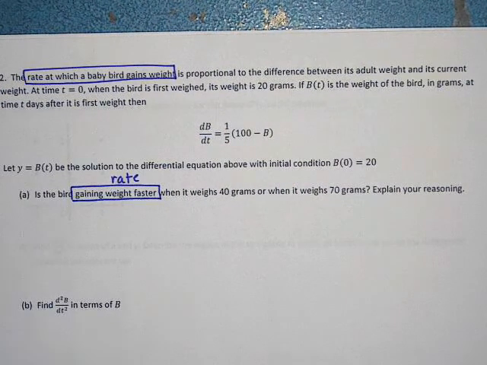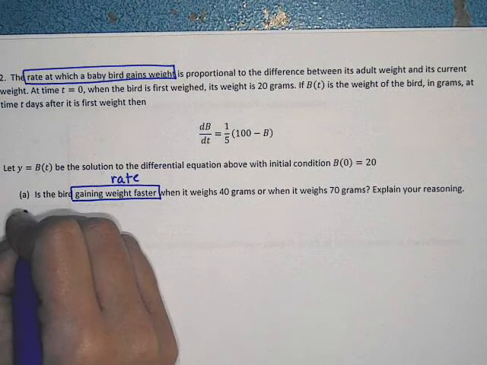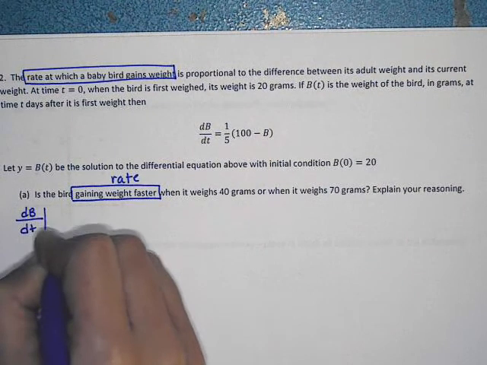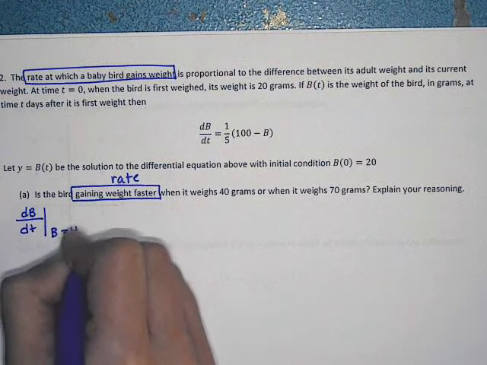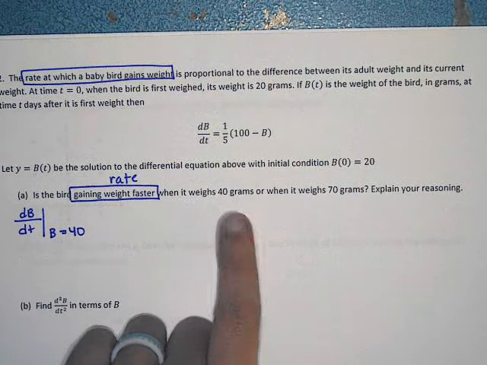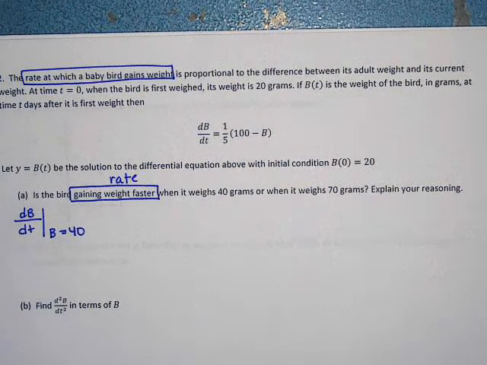So to figure out how fast it's gaining weight, we need to take these two different values and plug them in. So the rate dB over dt when b is 40, because b represents the weight of the bird, and this is telling me it weighs 40 grams.